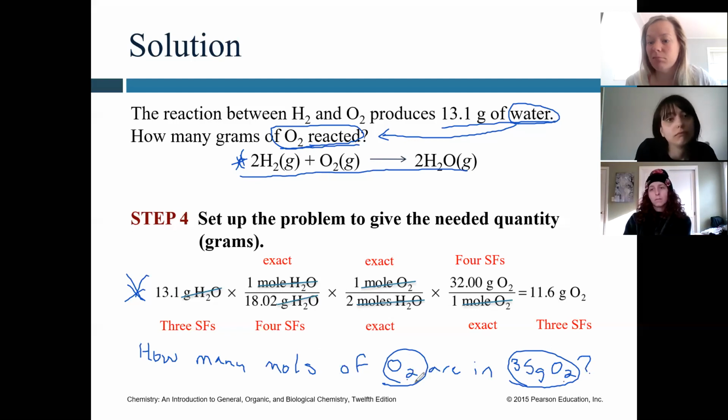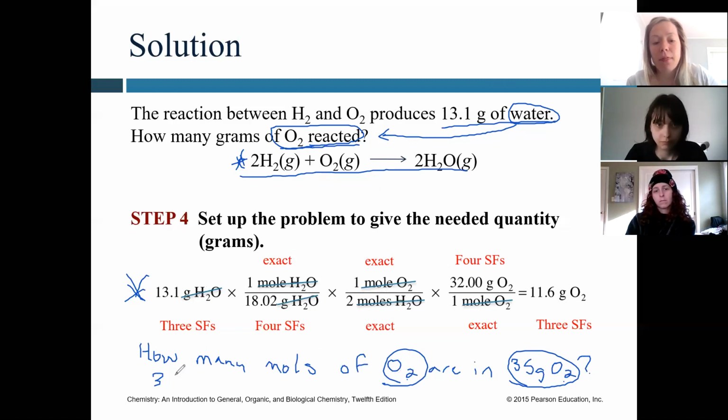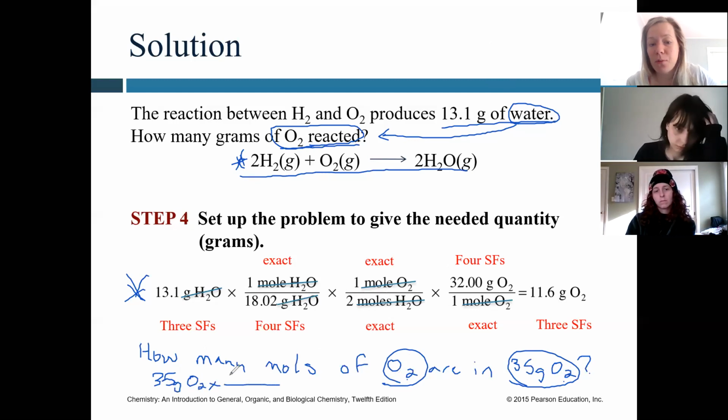It's the same thing. Sometimes students will pull out this system to do a really simple problem. In this case, I've got 35 grams of O2. I just want to convert it to moles. So 1 mole of O2 would weigh 32 grams of O2. And those would cancel. That would be the end of the problem. Just one simple conversion.